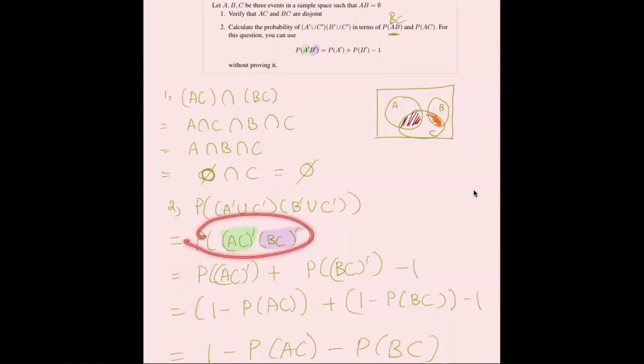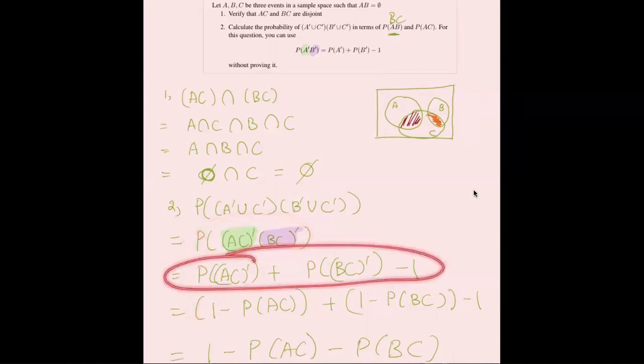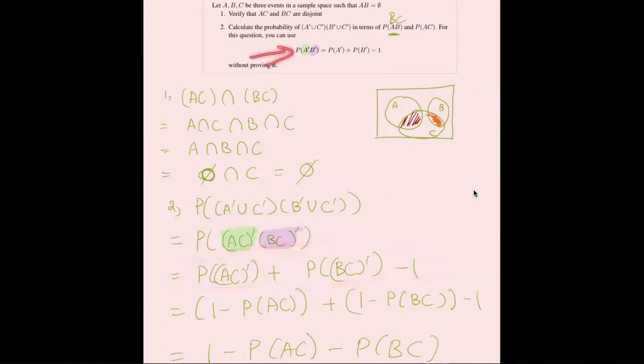To go from this to this, I just use the formula here. So I match this A complement with the AC complement and B complement with BC complement. So instead of A complement, I put in AC complement.